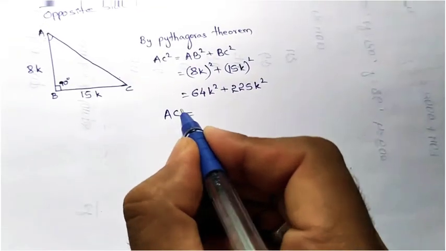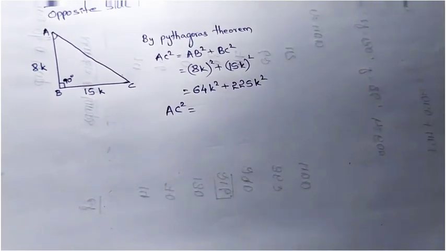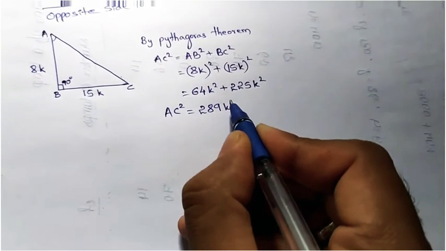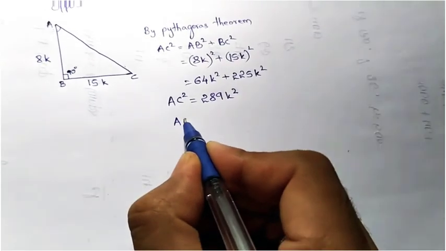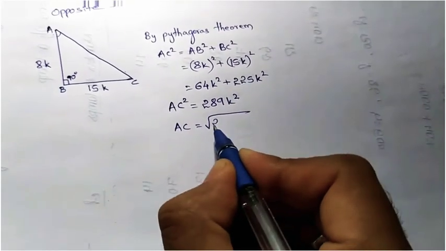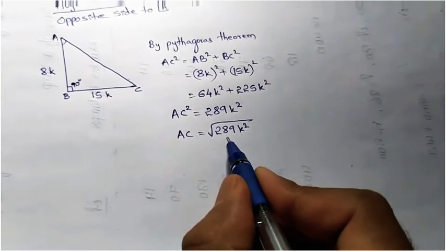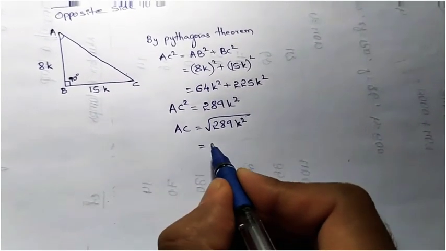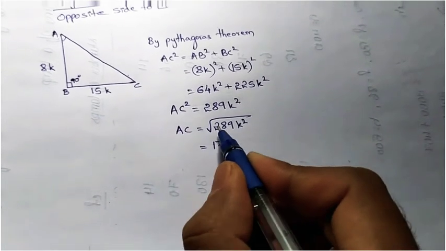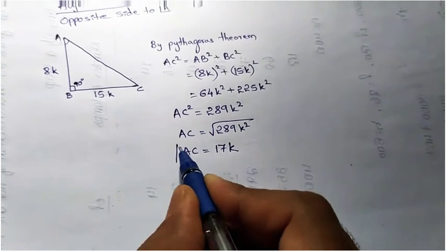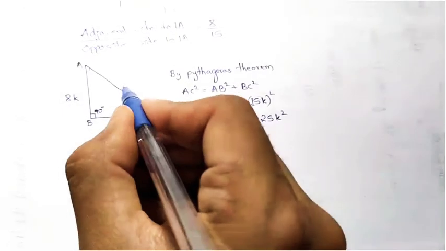So AC square equal to 289k square. AC equal to root of 289k square. The square root of 289 is 17 and the square root of k square is k. So AC equal to 17k.